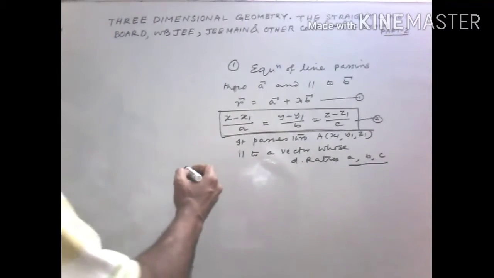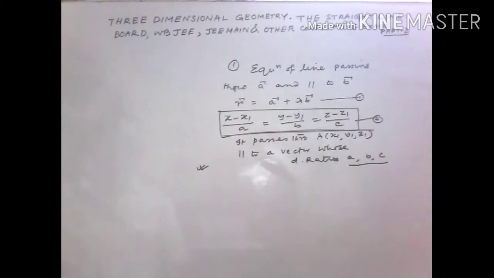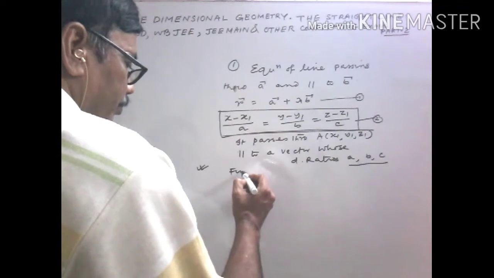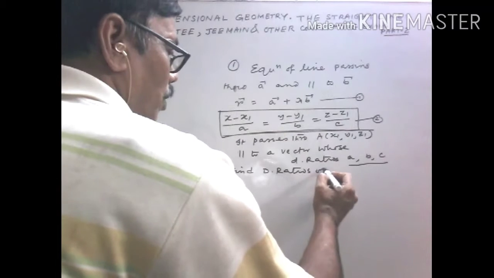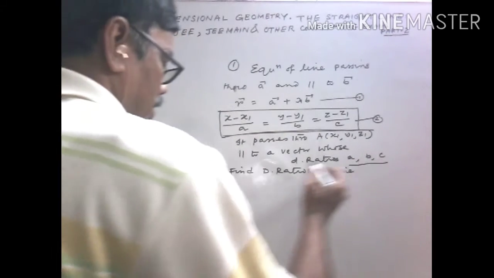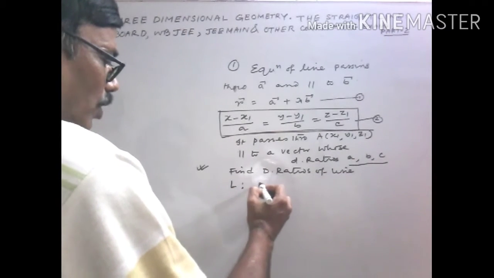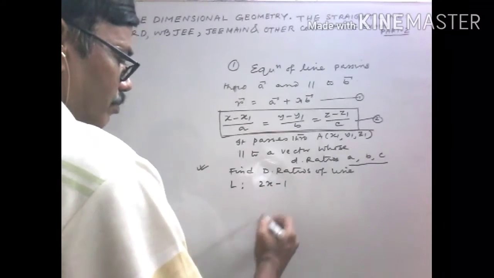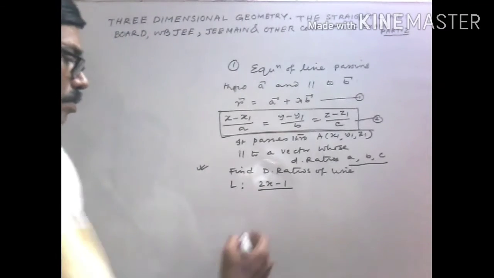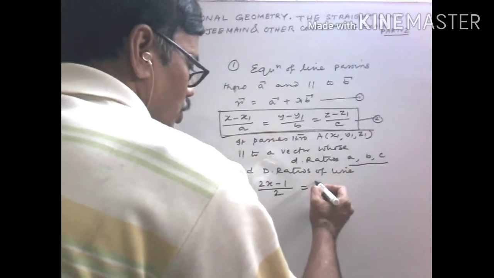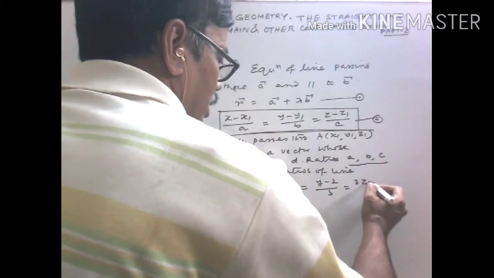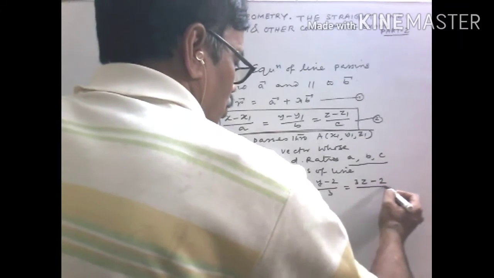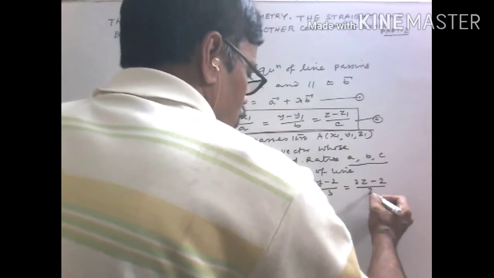So write a 1 mark problem of board exam. Find d ratios of the line represented by (2x minus 1) by 2, (y minus 2) by 3, (3z minus 2) by 2.